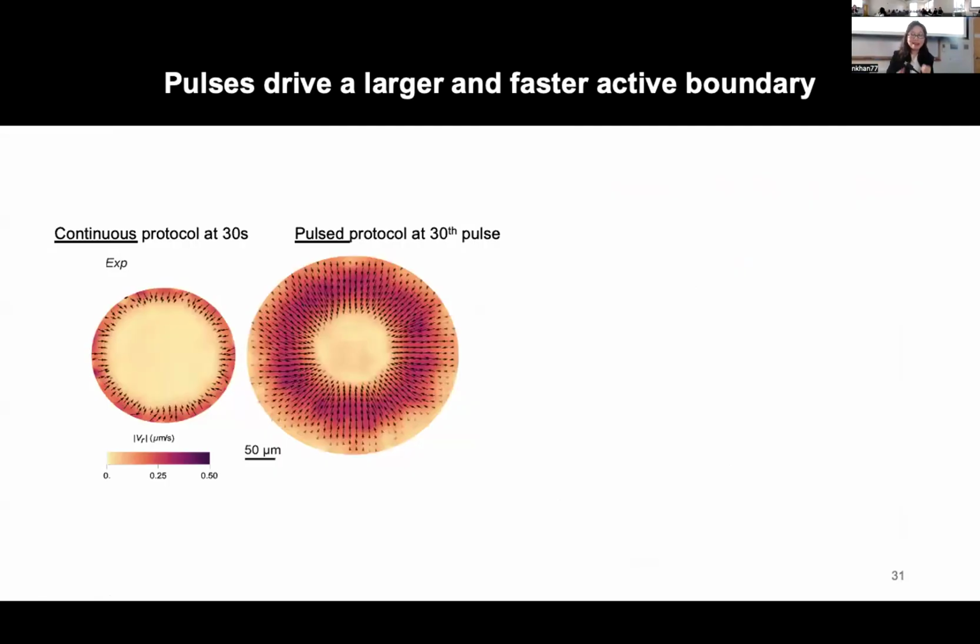So you might think it might be a little bit hard to compare, or how should I compare this? Let me give an example. This is all the experiment data. On the left-hand side, what I gave you is a continuous protocol at 30 seconds. So I gave a 30-second continuous light. And on the right-hand side, I gave you the 30th pulse, which means I gave 1 second light on and I waited, and I gave another 1 second light on.